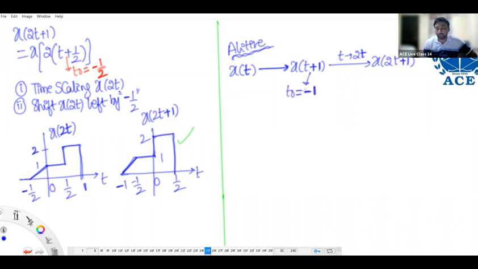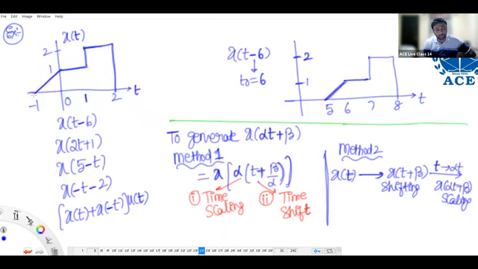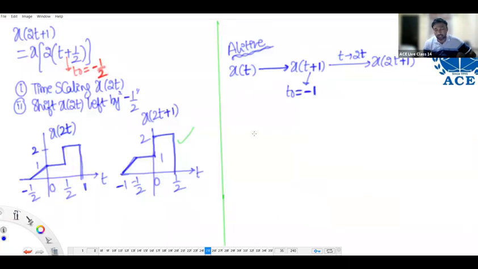x of t plus 1 meaning is left shift of 1 unit. So to the time axis of x of t, if you add minus 1, where does the graph cover? Minus 2 to.